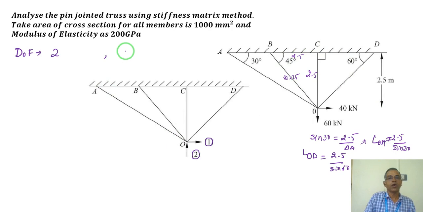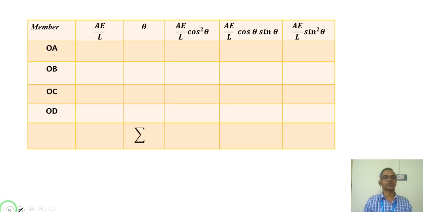We assume that all the loads are in units of kilonewton and millimeter. Then, in order to find the stiffness of each of the members, we will take up a tabular form and assemble the stiffnesses. This column is member identification, and we can find AE by L. All the areas are 1000 millimeter square, E is 200 GPa, that means 2 into 10 power 5 Newton per millimeter square, and length as calculated.